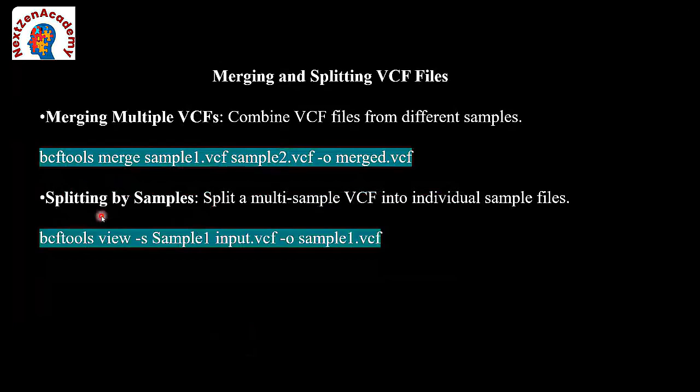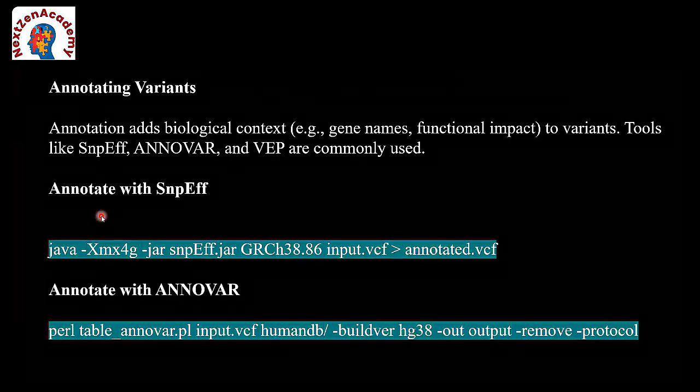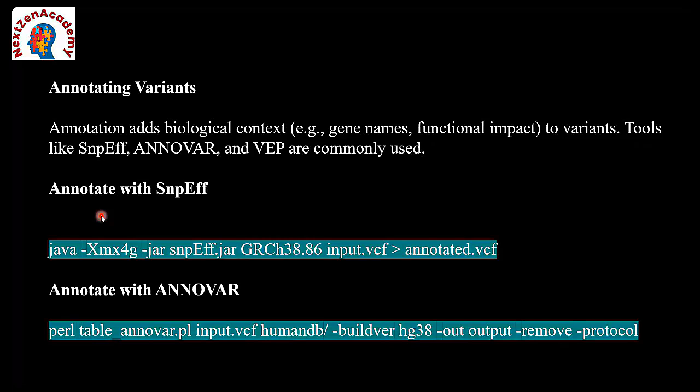If you are working with DeepVariant, DeepVariant is all about AI and machine learning, where it provides highly accurate variant calling when compared to GATK. So this is also quite good.